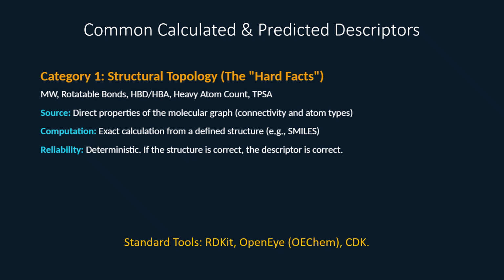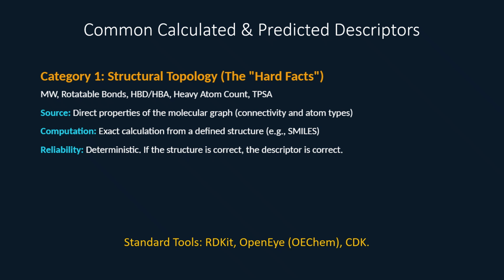So these include quantities like molecular weight, hydrogen bond donors and acceptors, rotatable bond count, heavy atom count, and polar surface area, for example.